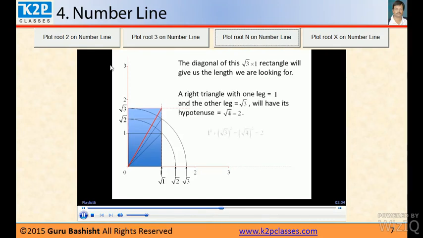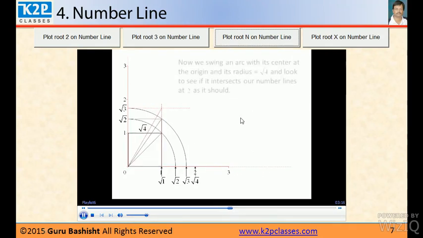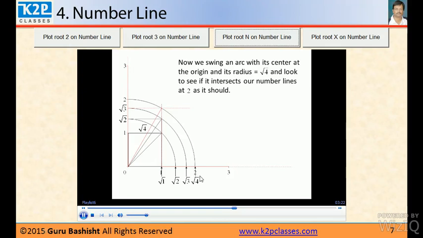So taking this red line as a radius, if we draw an arc, it will cut the x-axis at point 2. So on the number line, this will be 2.